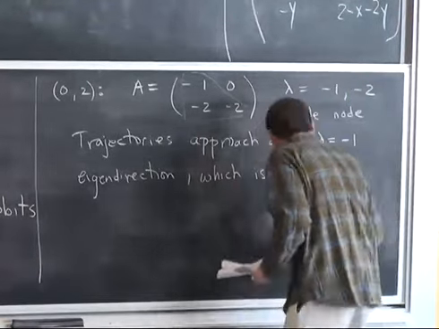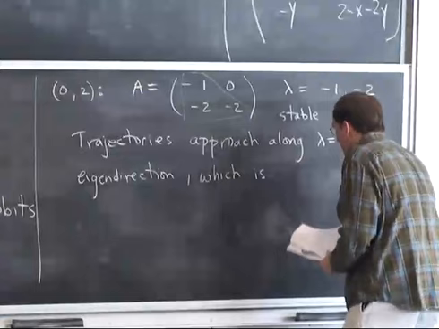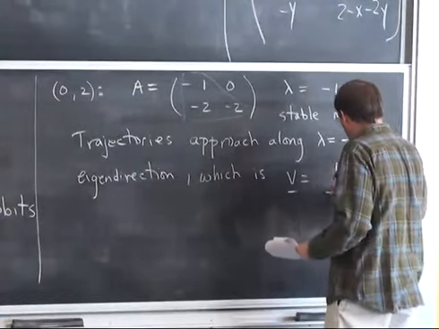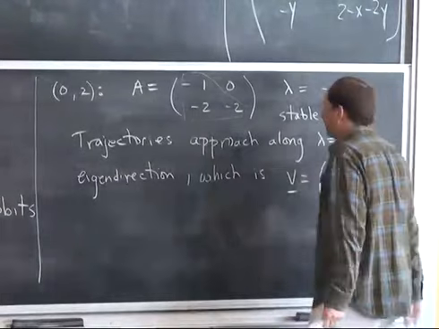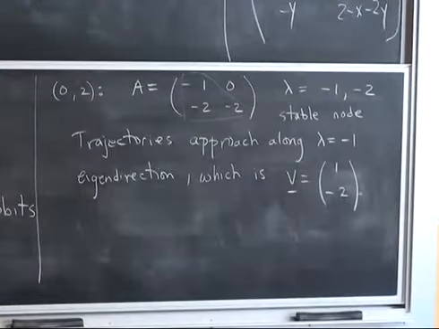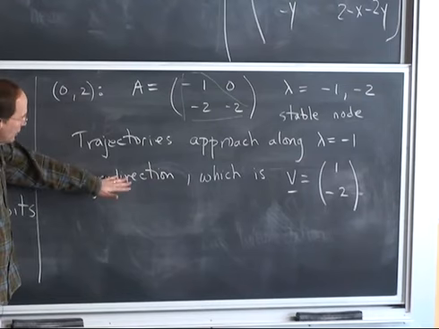Let me write it this way, which is v, the vector is 1, -2, like that. So I'm taking for granted here that you know how to do calculations of eigenvalues and eigenvectors of 2 by 2 matrices. Okay, so you could check that if you want.